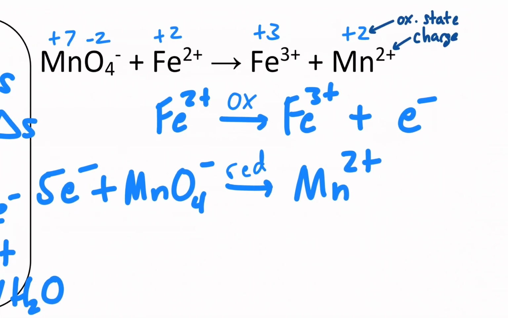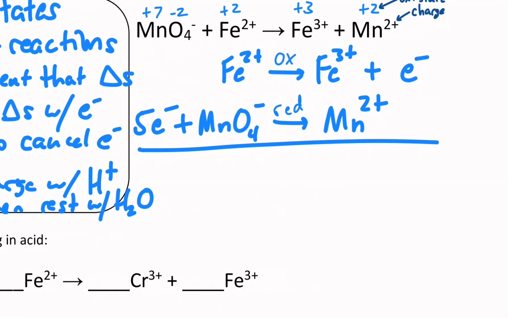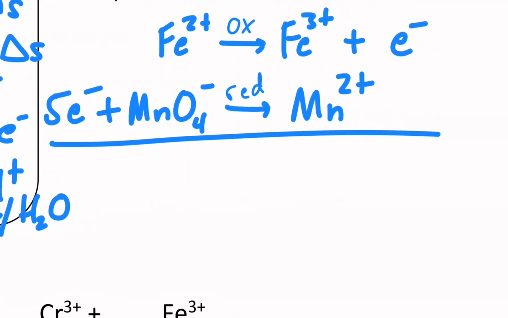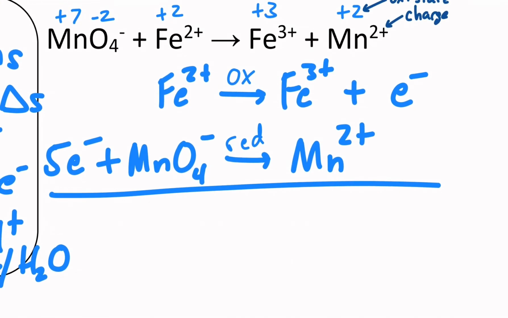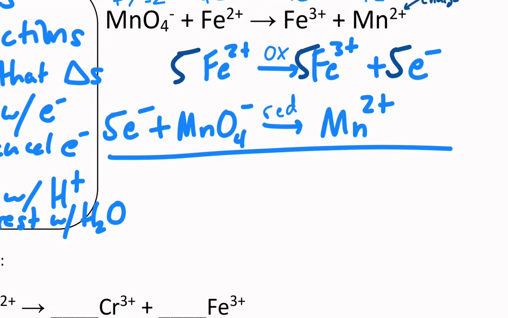And actually, that's where I'm going to stop, because once you have that, doing hydrogen ions and hydroxide ions, we're going to just do that at the end. It's easier to squeeze that in at the end and do it for the whole reaction. All you really need are these electron counts, because now I know I need to multiply this first one by 5. And then I'll balance the rest by inspection.